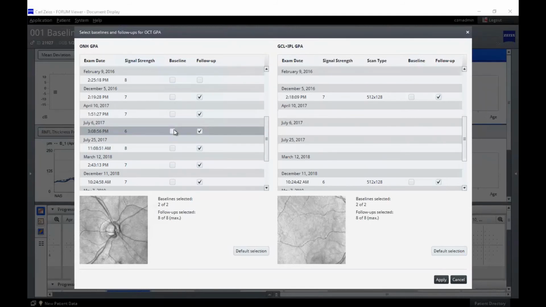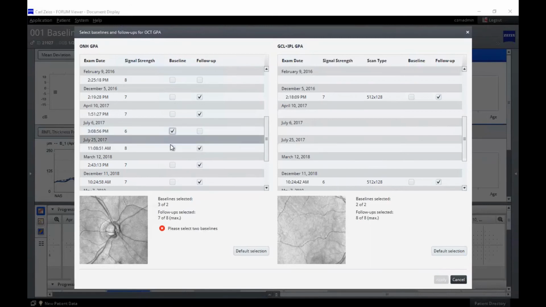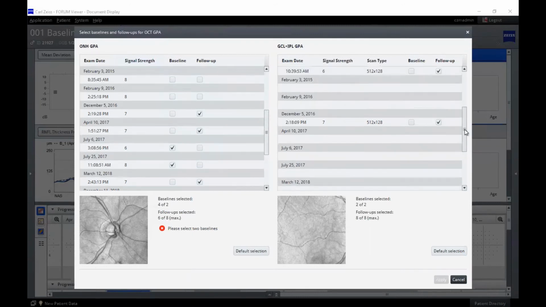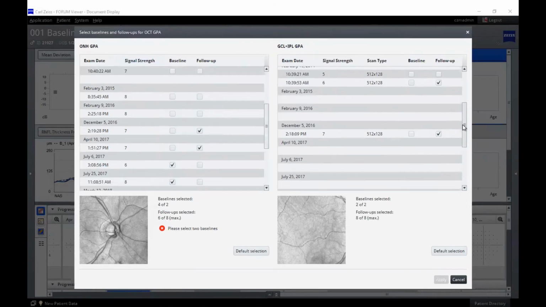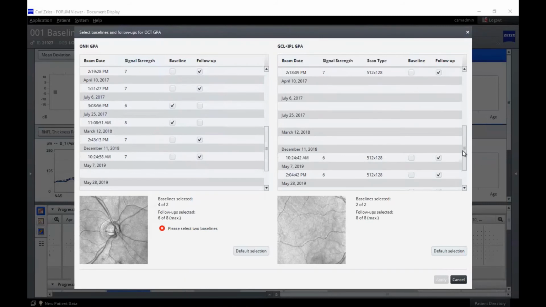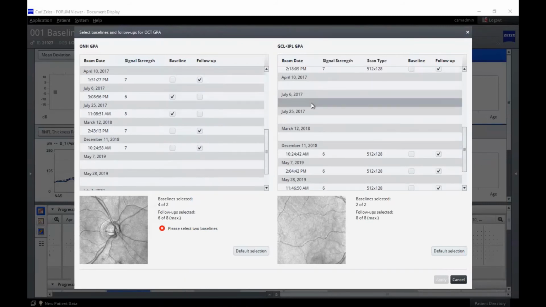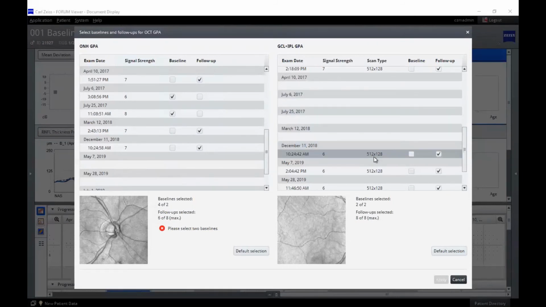So let's say that we elected to change that baseline date to July 25th in this particular case. And so it's going to change that here on the screen for us. We can see that during July 25th and July 6th we don't have a corresponding RNFL or a macular scan on that date. So it's going to change.